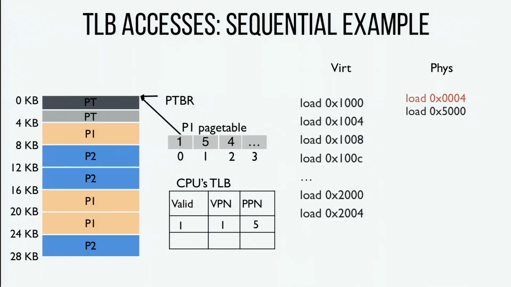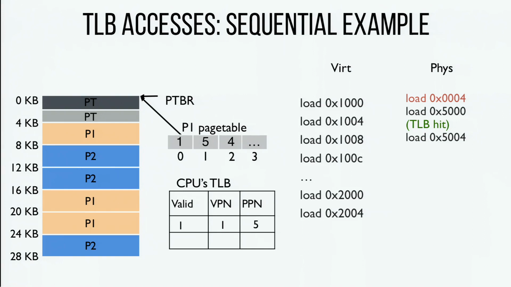So now the nice thing is, we want to figure out where virtual address 1004 lives. So now we send the VPN of 1 off to this TLB. We do our lookup, the tag matches, the entry is valid, and so we don't have to go to the physical page table anymore. We just find out that the physical page number is 5.